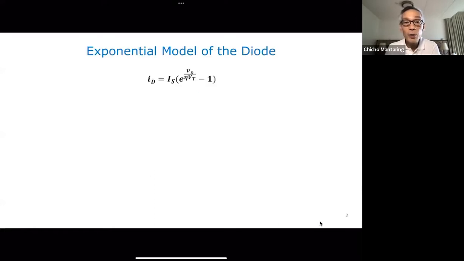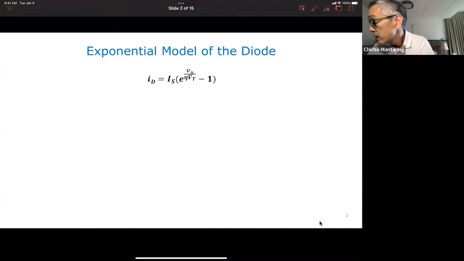Okay, so this is the exponential model of the diode. This is based on Shockley's equation.